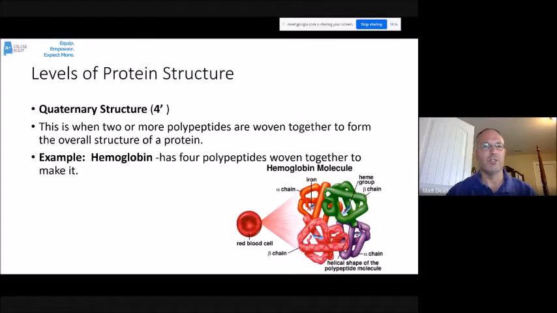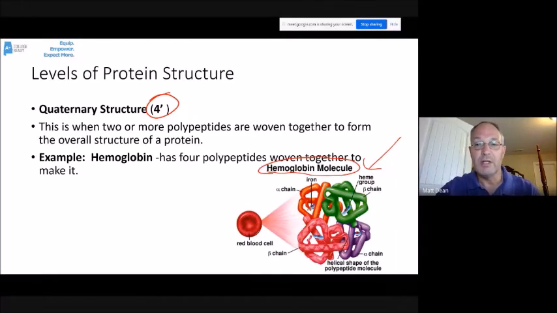The last level of protein structure is called quaternary or 4° structure. Remember, we said a minute ago that most proteins are made out of several polypeptides wrapped together. Here we see that in the bottom picture. This is hemoglobin, the protein in your blood that helps to carry oxygen for you.